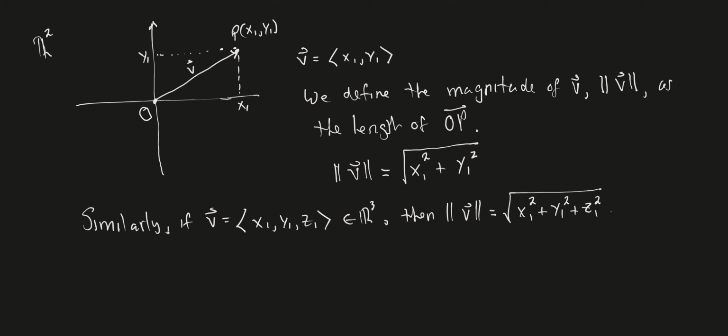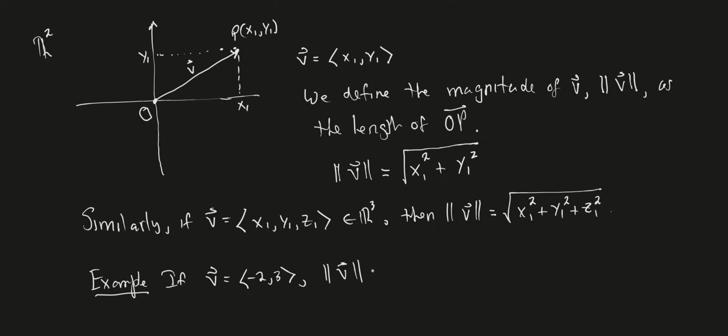Let's just do two quick examples. If v is the vector -2, 3, then how big or how long is this?